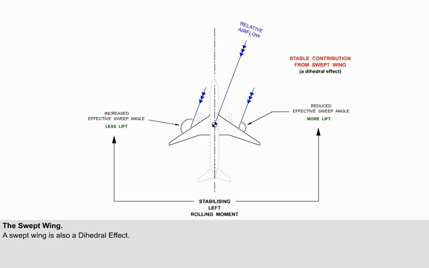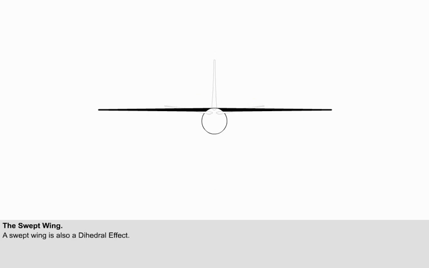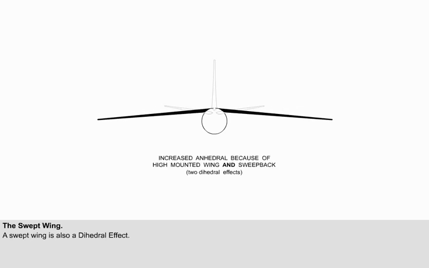The swept wing provides a stable contribution to lateral stability, so is also classified as a dihedral effect. If an aircraft has a high-mounted wing that is also swept, it will have two dihedral effects and may have too much lateral stability. If this is the case, the wing will require anhedral to ensure the proper amount of lateral stability.